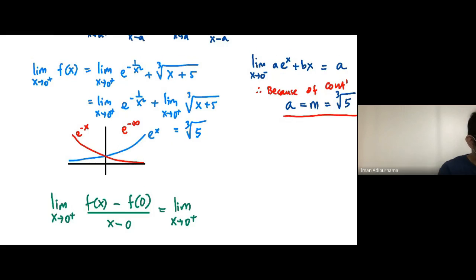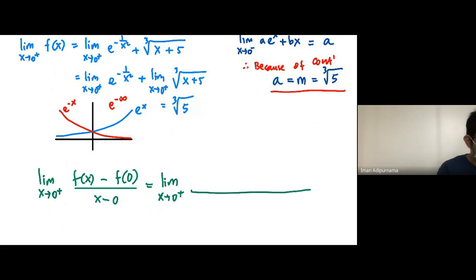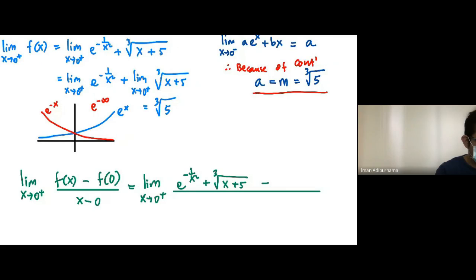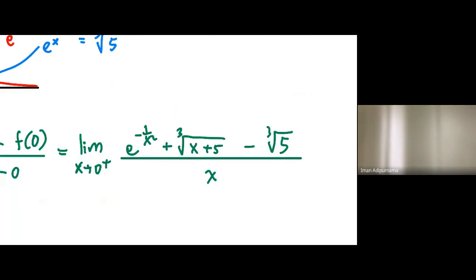The right is this equation, right? So we may have a little bit of calculation, but I think it should be okay. And then f(0) will be the constant, the cube root of 5, and then x. Of course, this one we already computed is the same as our constant, and this will be 0 over 0.